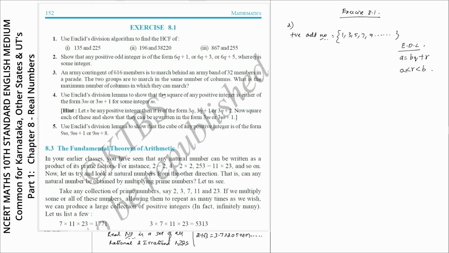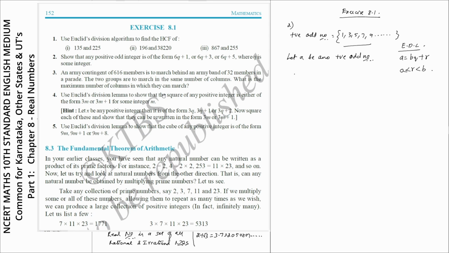Okay. Now here let a be any positive odd number. So in this given set I'll take a to be one positive odd number.